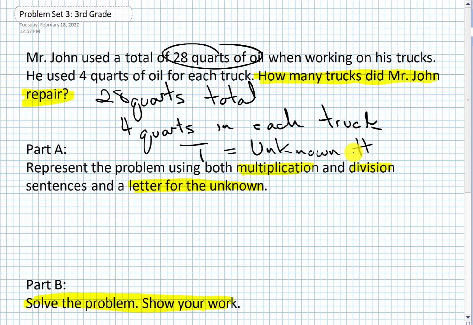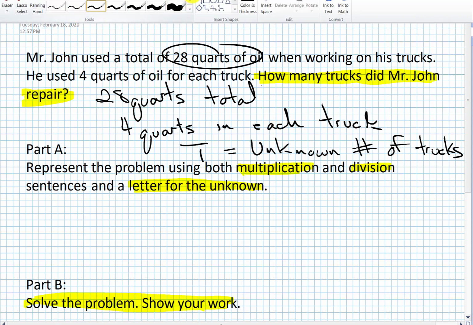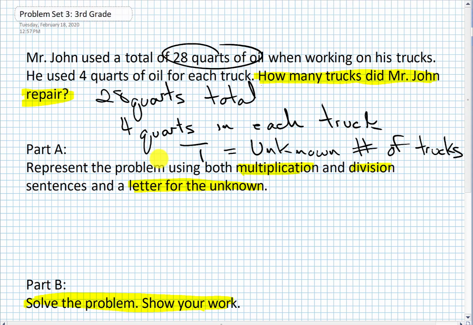And I'm just going to use the pound sign to represent the unknown number of trucks. All right, so we essentially have three values. Can't really call them numbers because T is an unknown value, but we have the value T, we have the value 4 quarts that's used in each truck, and then we have the value 28, which is our total.